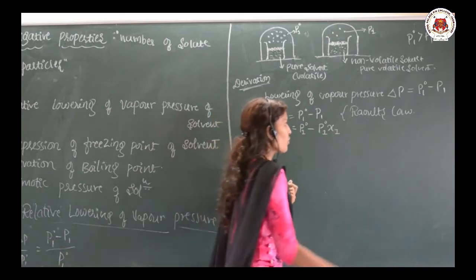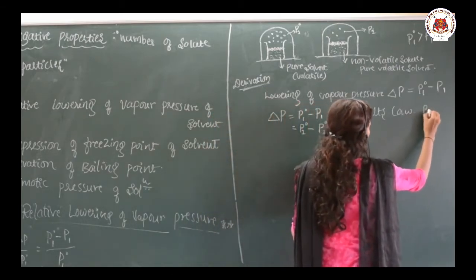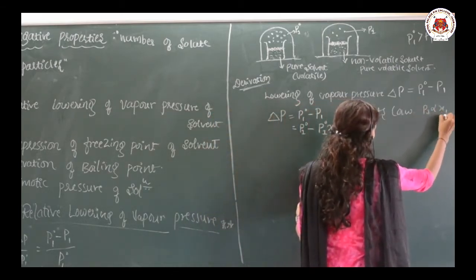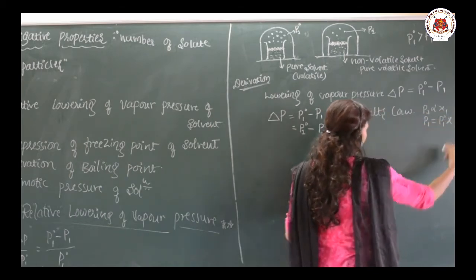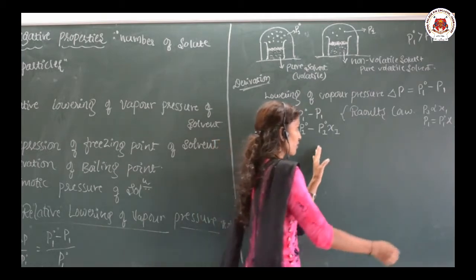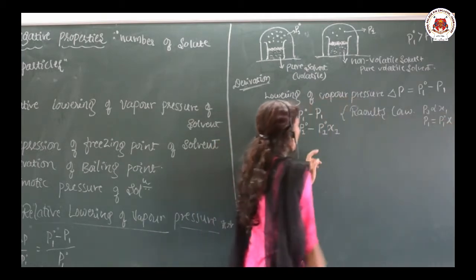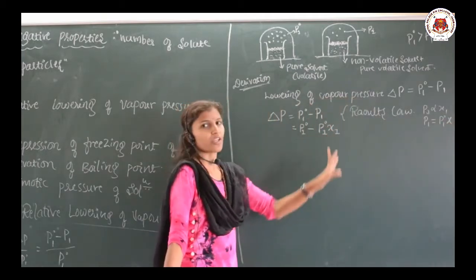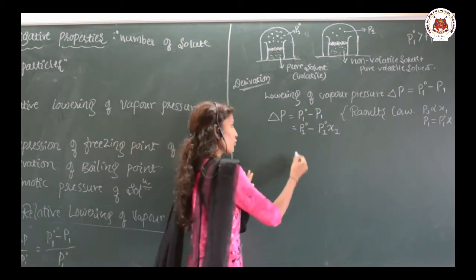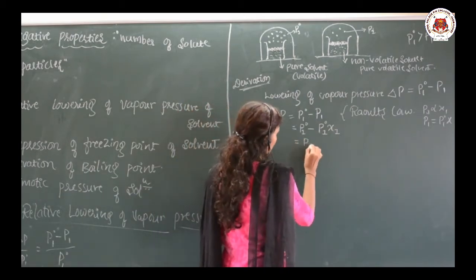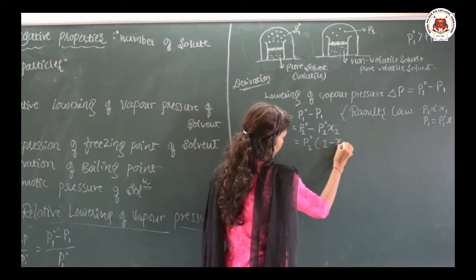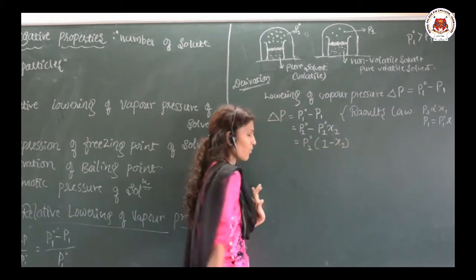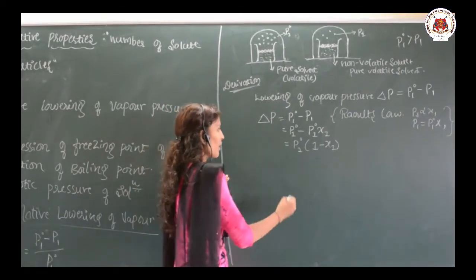According to Raoult's law, P1 is directly proportional to x1, that is P1 equals P1 naught into x1. So, P1 naught is common, 1 minus x1.